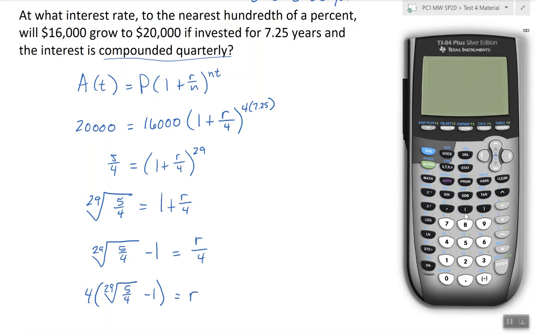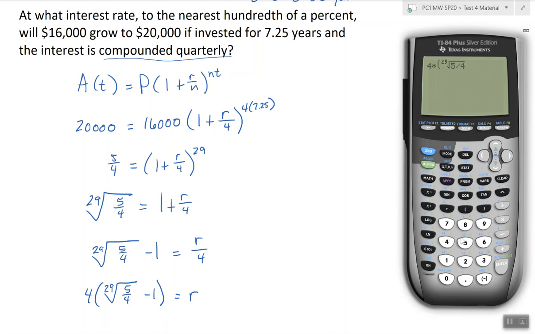So let's put this all in there. 4 times parentheses, we'll go math down to the xth root, and it should give you a template. We put in there 5/4.